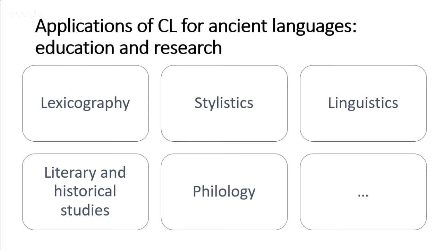Philology, of course, has its own computational field, computational philology, that has made philology move further thanks to computational methods, and other fields as well. So just to give an idea of why this is relevant, even for classical languages, not just for modern languages.